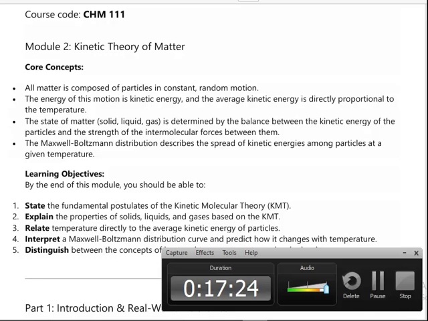Two, the energy of this motion is kinetic energy, and the average kinetic energy is directly proportional to temperature. Three, the state of matter, that is solid, liquid, or gas, is determined by the balance between the kinetic energy of the particles and the strength of the intermolecular forces between them. Then we'll also be looking at the Maxwell-Boltzmann distribution curve. Now, why are we even looking at this?